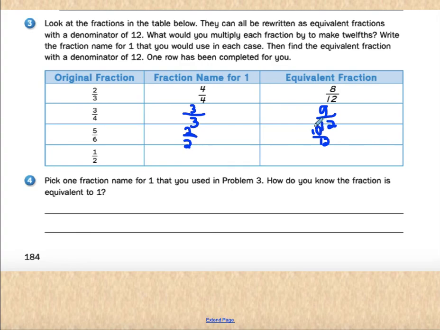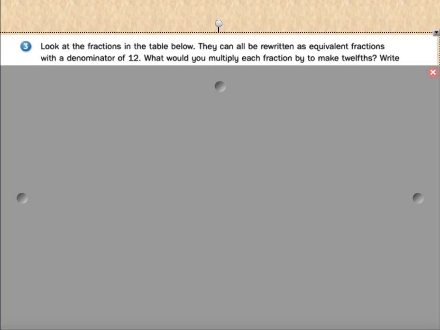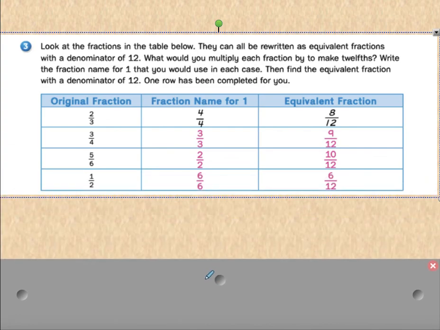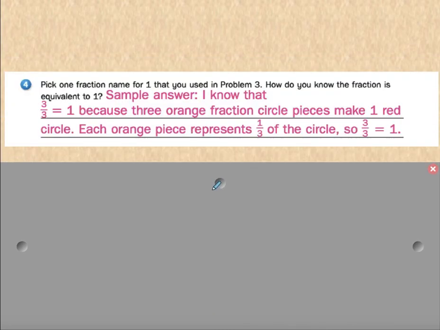So I want you to go ahead and try number 4, the last one, for 1/2. And then pick one fraction name for 1 that you used in problem 3. How do you know the fraction is equivalent to 12ths? Go ahead and pause, and then I want you to check your answer. Finally, check your answer. It should be something like what you have for this one. And that's it. We'll talk about math boxes when you get done.